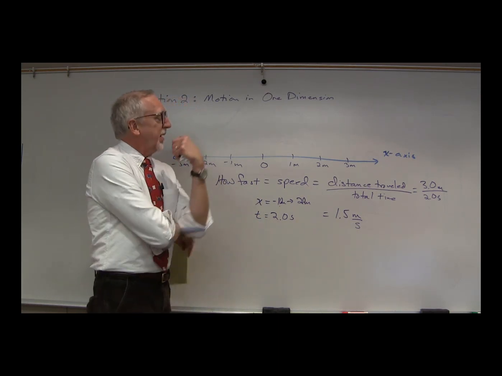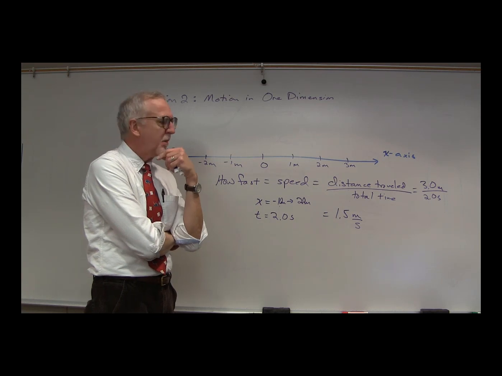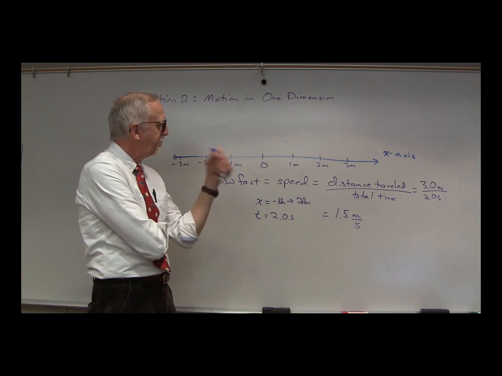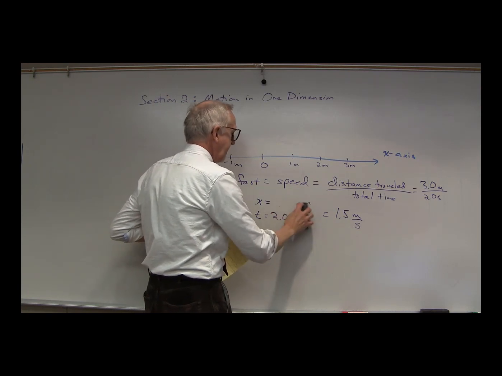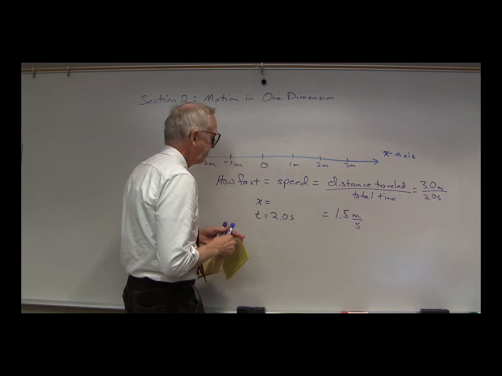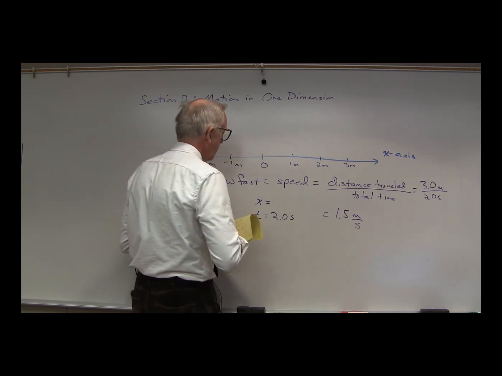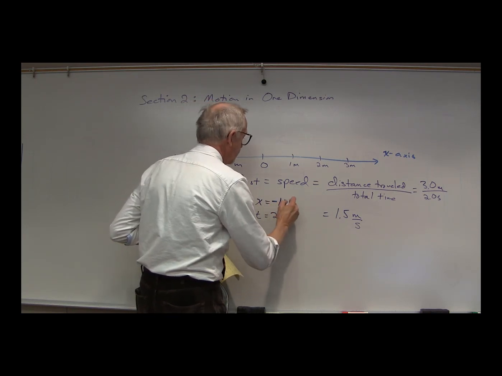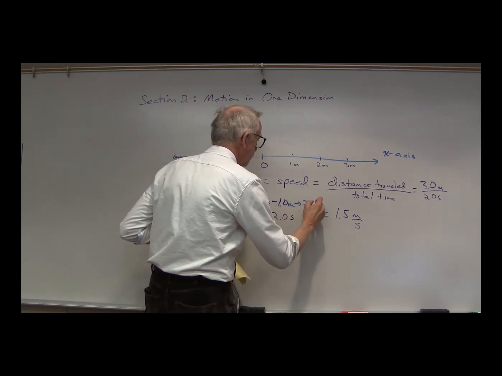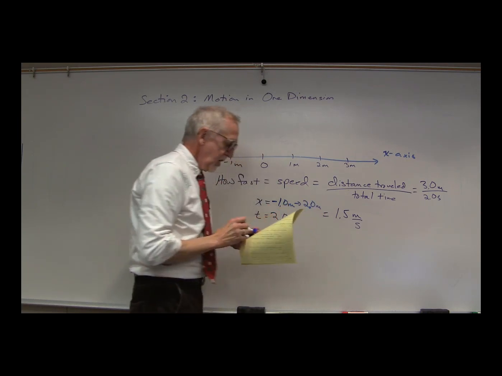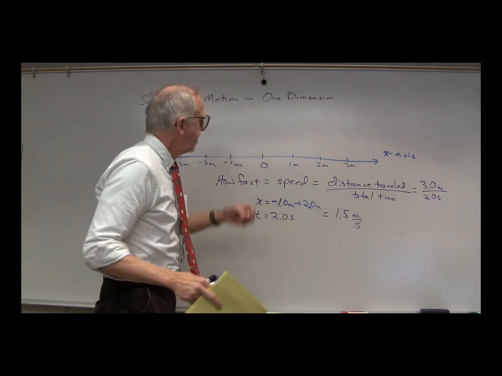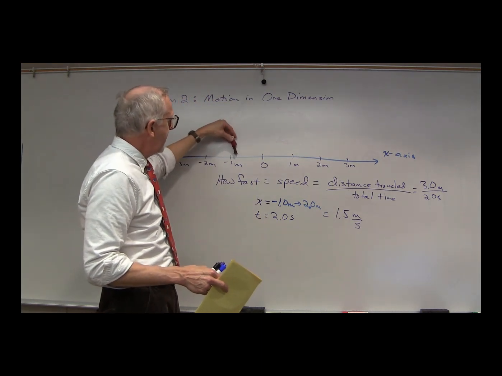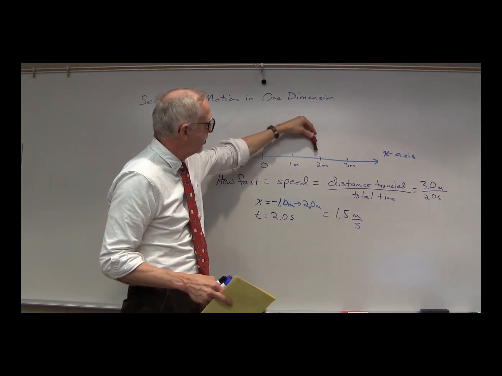Now, okay, that's good, but we need to be a little bit careful here. In going from, let me rewrite this, I was very messy about that, from -1.0 meters to 2.0 meters, let's be a little bit careful. The person starts out at -1 and then goes directly to 2 meters.